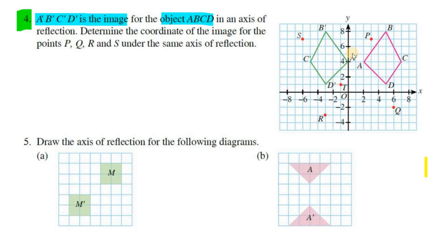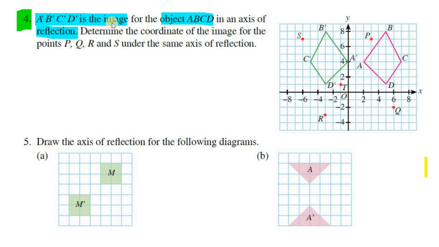The question says this image and object is a reflection. So based on the sentence, we can say the green color quadrilateral is an image for the red color quadrilateral here. Obviously, the green color is the image, the red color is the object.